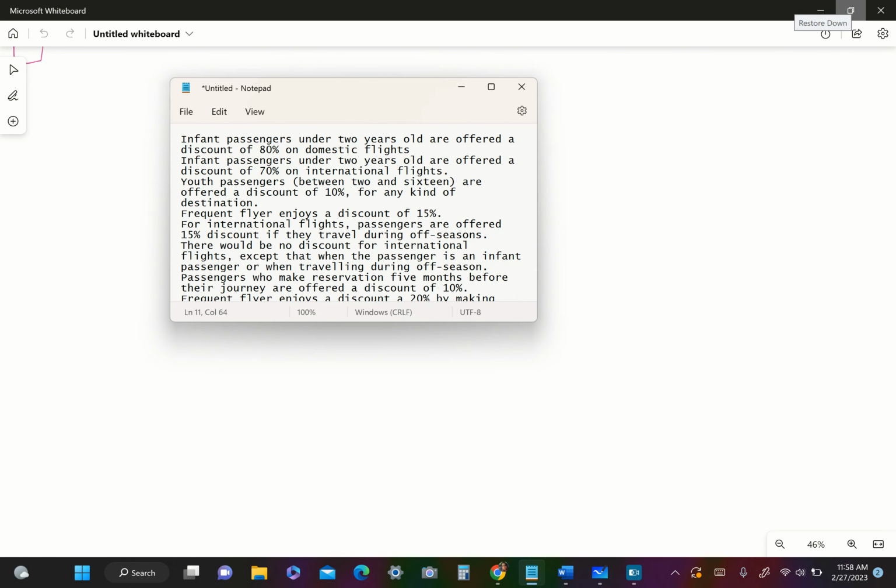So let's keep this here and take a look. We have infant passengers, youth passengers, and then regular passengers. I'm just going to scribble this: infant, youth, regular. Okay, so these are three categories.